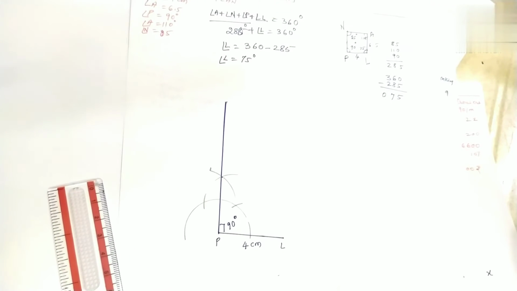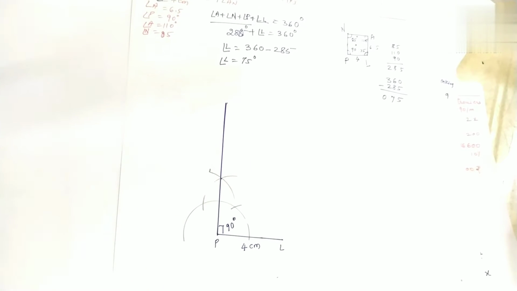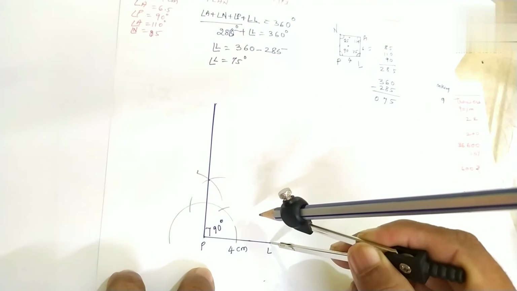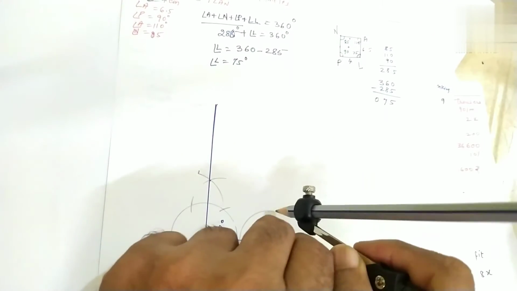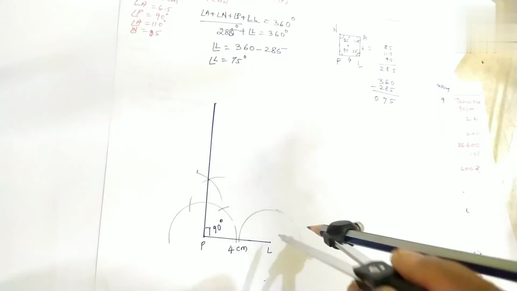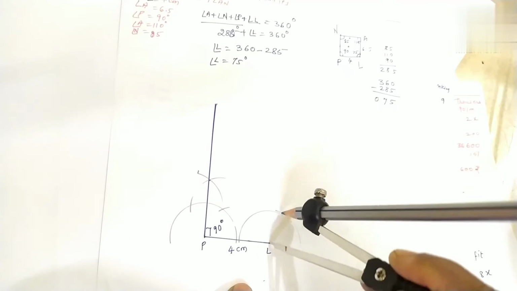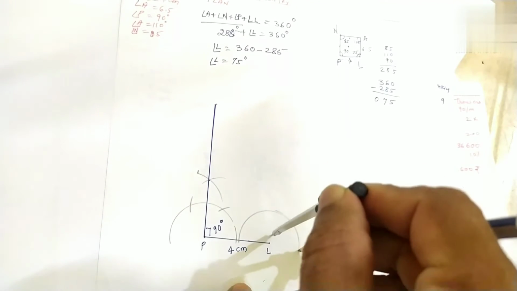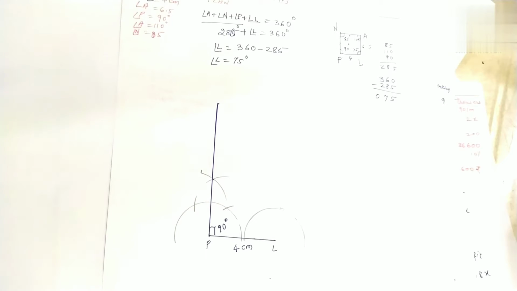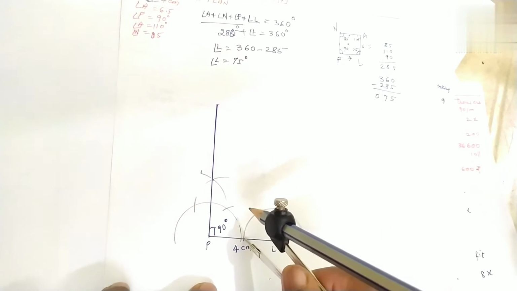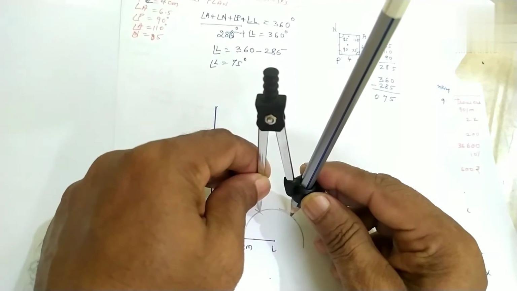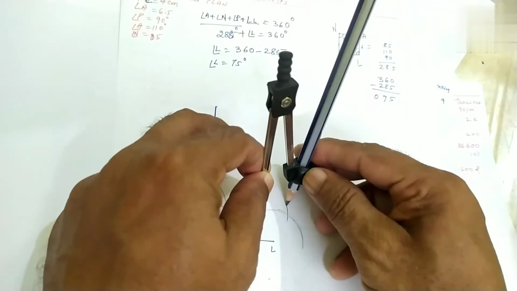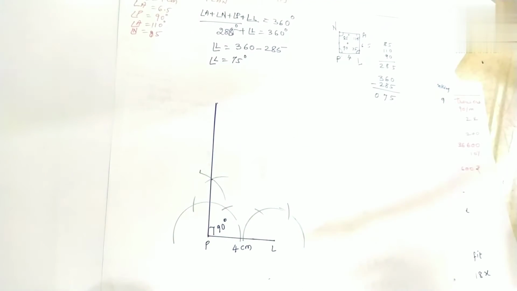And from L we will draw 75 degrees, the same way. So from here we will take 60 degrees, then this is 120.